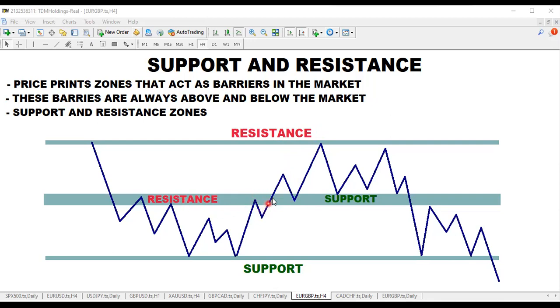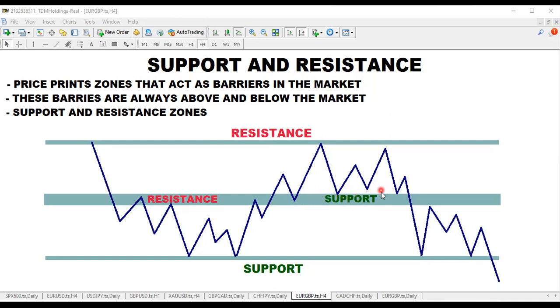So when the market pushes to the upside and breaks a level of resistance, that zone will change its role or will swap its role, and then it will become a support. So in future, we're anticipating price to react from that area, but as a support.